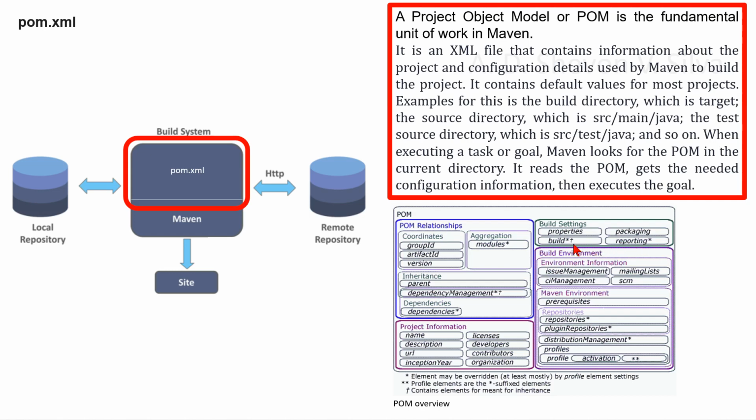The build, according to the POM 4.0.0 XSD, the build element is conceptually divided into two parts. There is a base build type, which contains the set of elements common to both build elements, the top-level build element in the project and the build element in the profiles covered later.